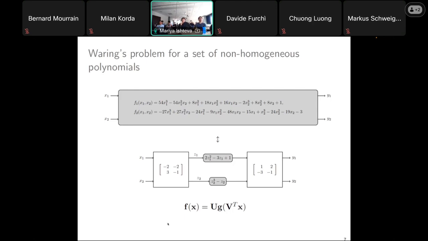I even claim that it doesn't have to be polynomials. It can be another basis because of the way we solve the problem. But we'll get to that point. So at the moment, they are univariate polynomials, not necessarily homogeneous. This is what we are after. We are given multivariate non-homogeneous polynomials. We want a representation. We are looking for the entries of this matrix.